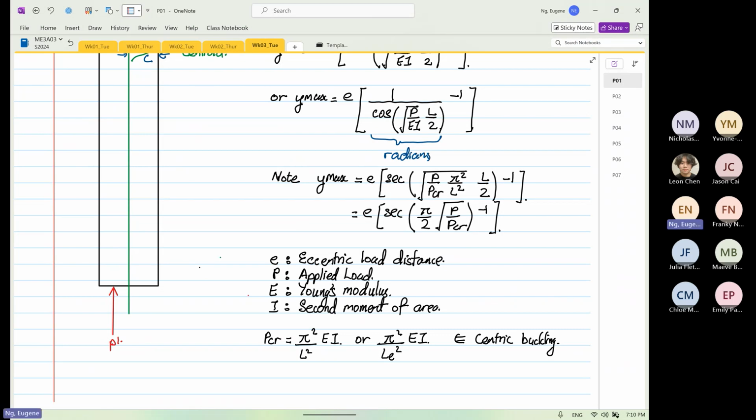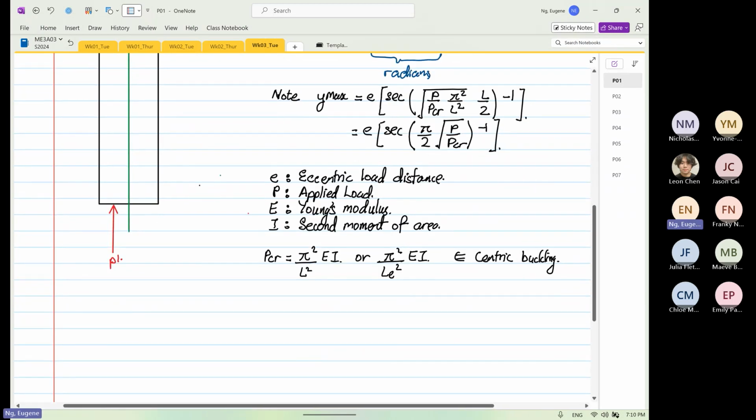So from here, the first thing we do in eccentric buckling is we are concerned with the maximum deflection. And next is the stress max.